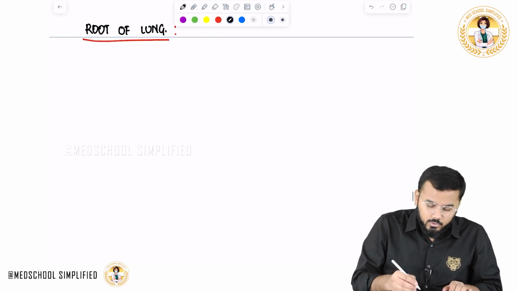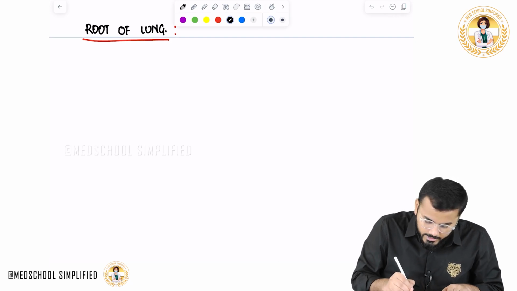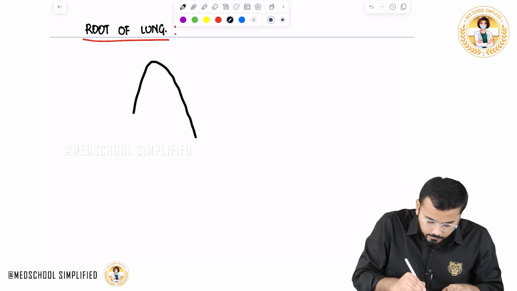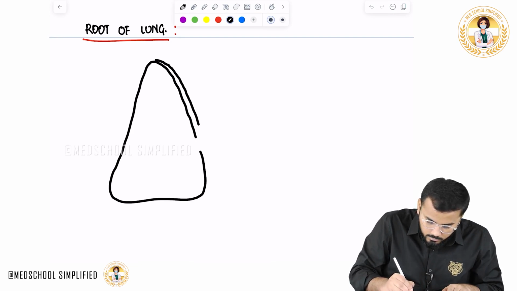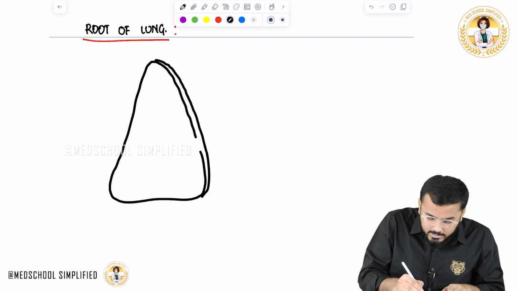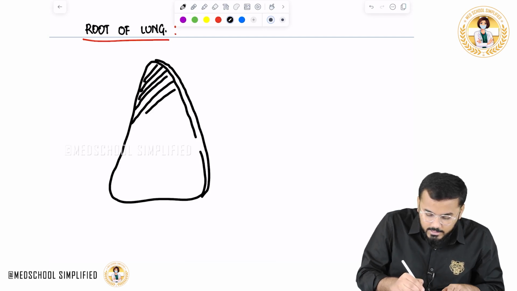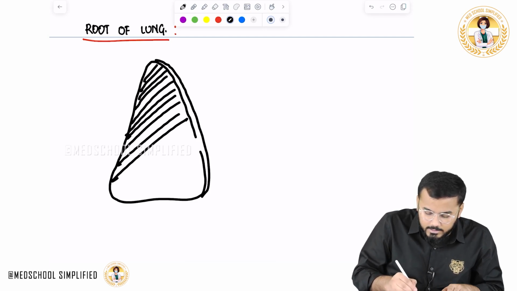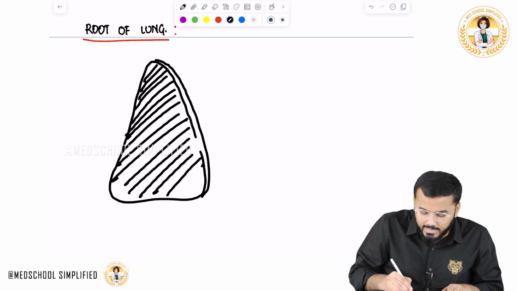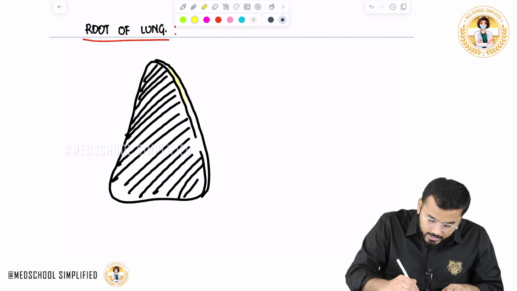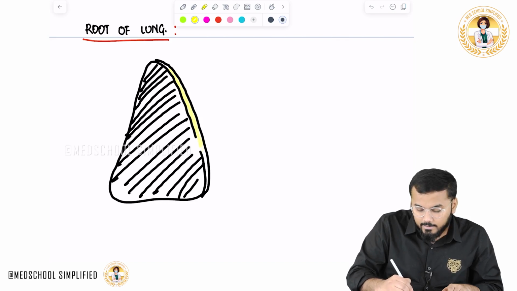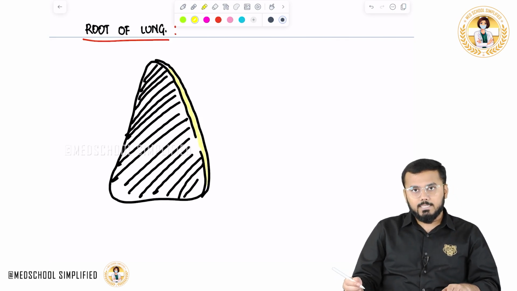Right. So for example, if you look at the lung over here, this entire surface, leaving this yellow shaded area, is called the medial side of the lung.